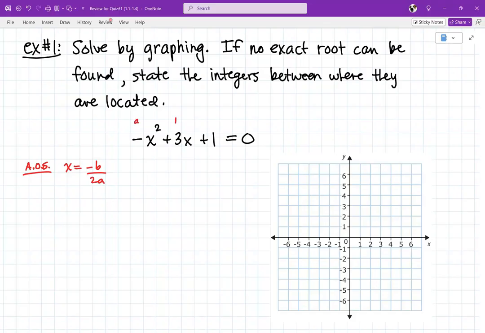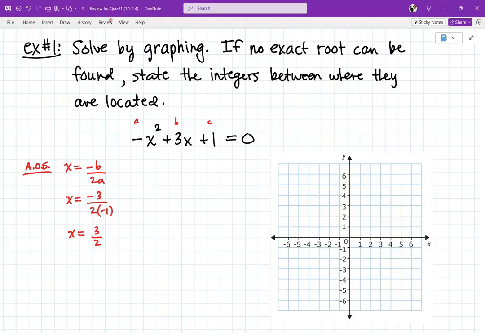Your A is negative 1, B is 3, C is 1, okay? So let's plug it in. X equals negative b, that's negative 3 over 2 times a, which is negative 1. Okay? So if I simplify that, that's 3 over 2. So now I know that my axis of symmetry is 3 over 2.